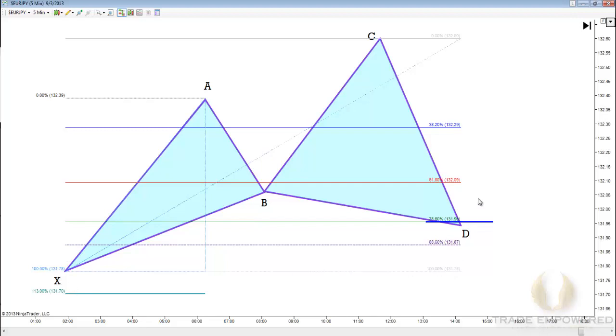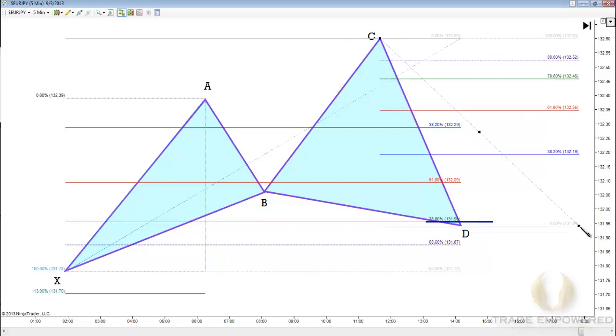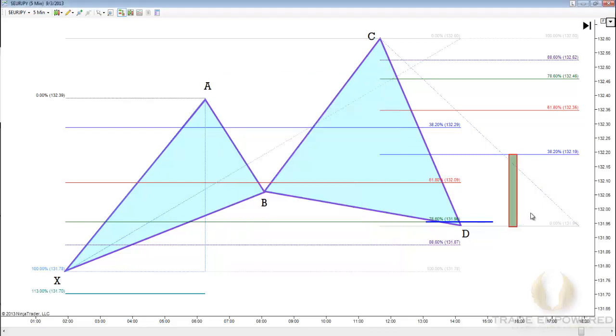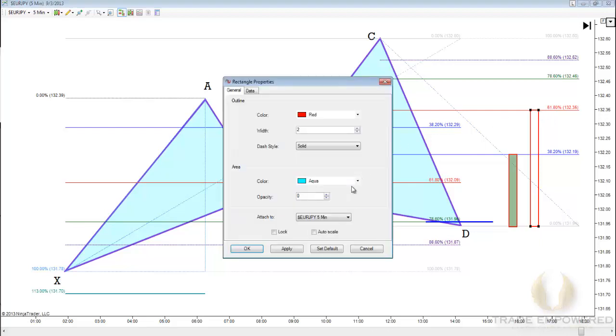For targets, we're going to take our Fibonacci retracement tool, excuse me, not the extension tool. We're going to drag our Fibonacci retracement tool from our C leg down to our D leg, and we're going to look for the 382 retracement for target 1, and the 618 Fibonacci retracement for target 2.